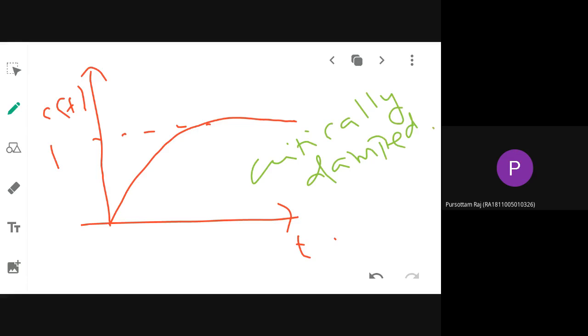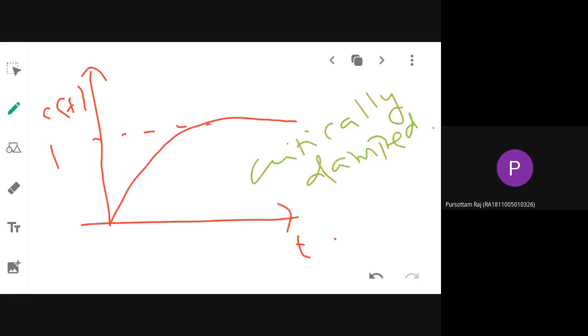Damping means, if there is an oscillatory behavior, you adjust the value of zeta so that the oscillation gets suppressed. That is what is called damping, and it is taken care of by the zeta factor. This is the case for zeta equal to 1, where the system is critically damped and the roots are real and equal.